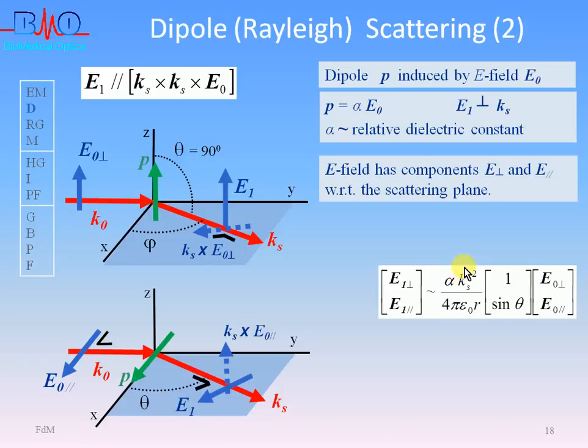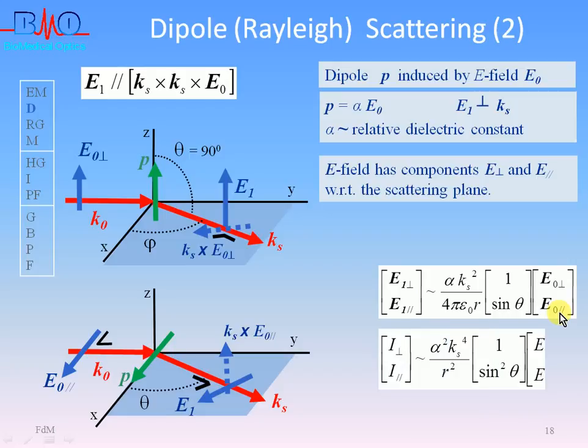And now the expression for dipole scattering is given by the electric field, perpendicular and parallel, with a k to the 4th factor times 1 for the perpendicular and cosine theta for the parallel component. And for the intensity we have to take the square, and the derivation will be given in the appendix.